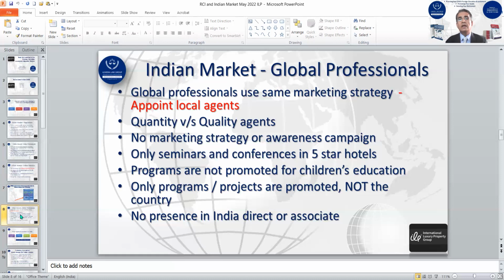And I believe that the Indian professionals, foreign professionals, and the developers or the real estate agents should work as a team to get the confidence of the Indian investors to get interested in your programs.